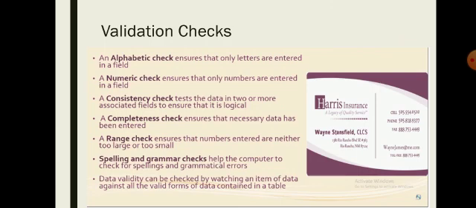Okay, so the next one is your completeness check. This is 7.5.3, the third one, which is based on completeness of your data. A completeness check ensures that the necessary data has been entered, all the necessary data. For example, the student name column on an application form in an online registration system cannot be left blank.